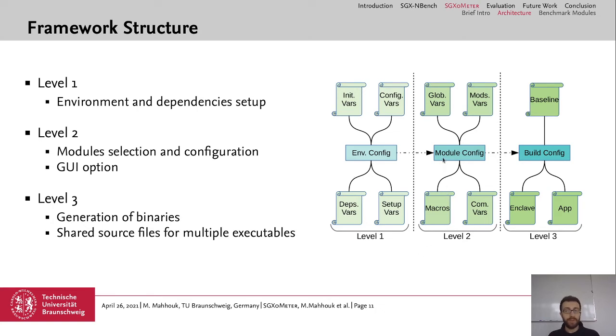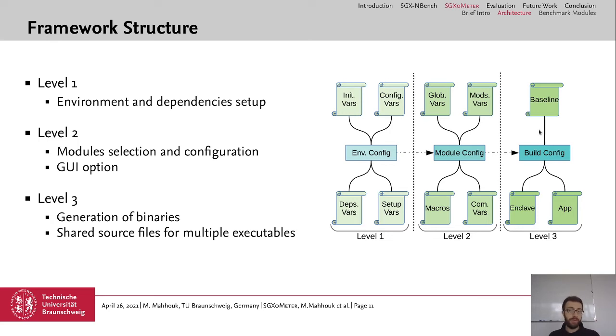Then we transfer to the second level, where the modules are configured. Here you as a user will have the GUI option as well, where you select which modules you want to benchmark, and upon selection you get another list of configuration variables for this module. Once finished, comes the last step at the last level, where the binaries are generated.